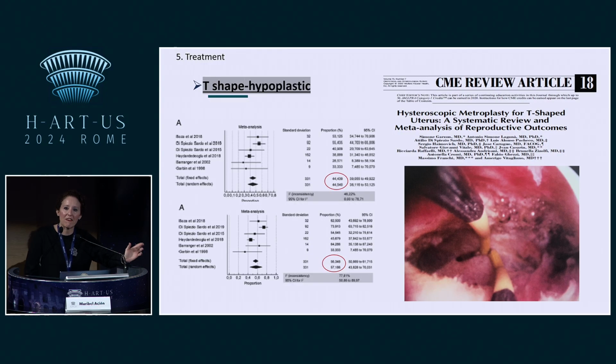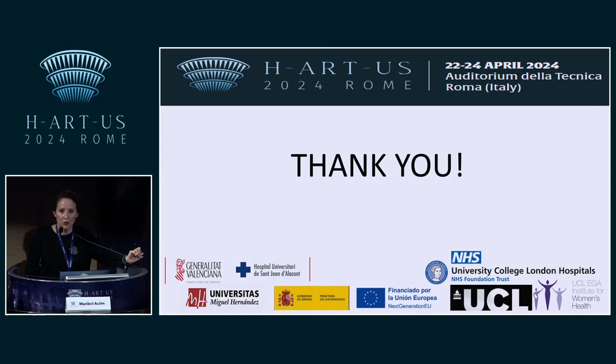So mainly lateral, but also anterior and posterior section in a radial fashion to widen the uterine cavity seems to be a good option, as recently shown in a meta-analysis where in patients with infertility, the live birth rate was able to reach 44% after treatment. Still, as we will hear later from expert surgeons, well-designed controlled studies are needed to calculate the real effect of this intervention. And I thank you for your attention.